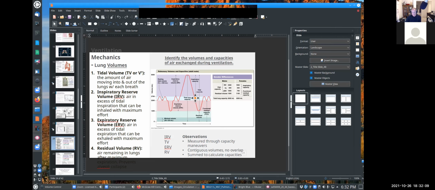Where you try to empty your lungs as far as you can, that's expiratory reserve volume.